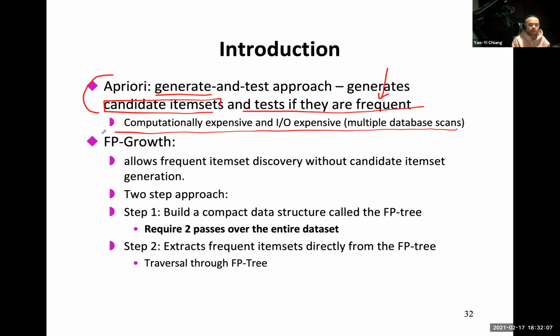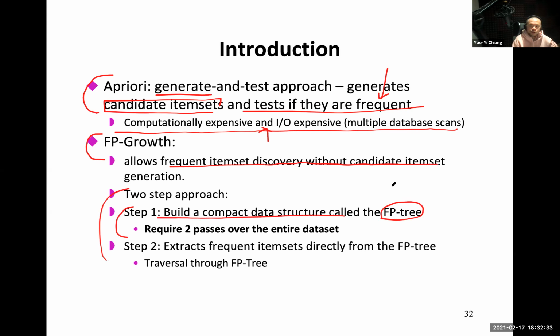The FP growth algorithm overcomes this problem by allowing frequent item set discovery without really generating candidate item sets. It's a 2-step approach. That means you still have 2 passes. First step, you build a tree. It's a compact data structure. We call it FP tree.